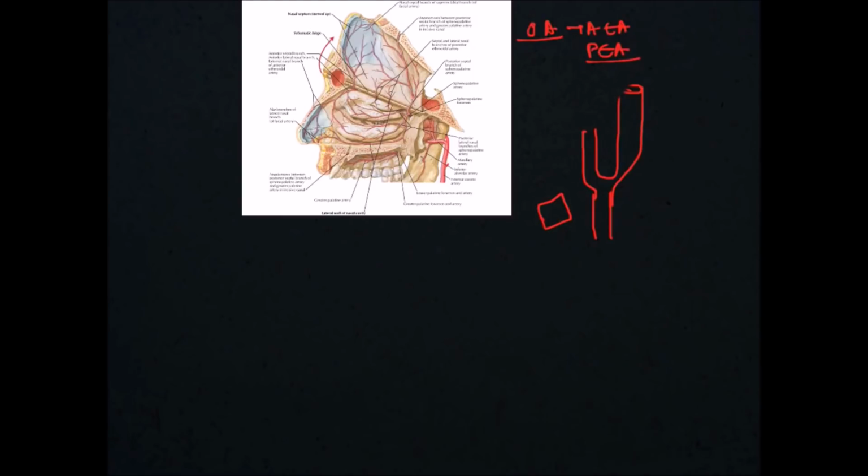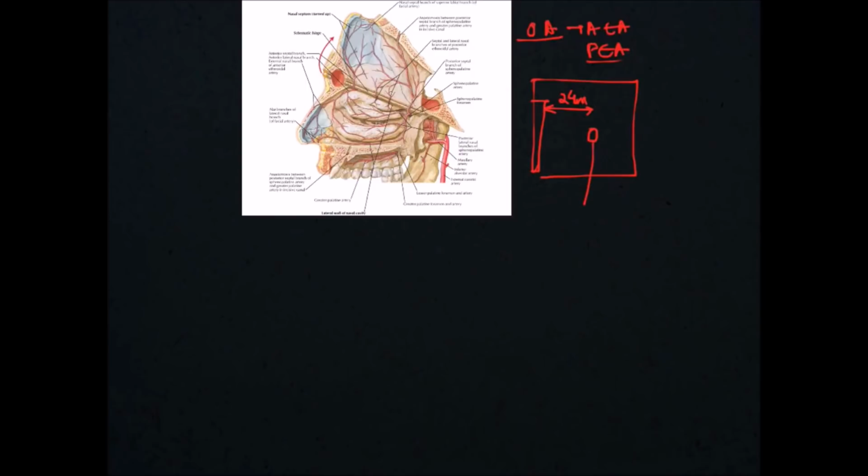Now if you know the medial wall of the orbit, just consider this is the medial wall of the orbit and this is the lacrimal crest. Just 24 millimeter behind the lacrimal crest there is an opening termed the anterior ethmoidal foramen.